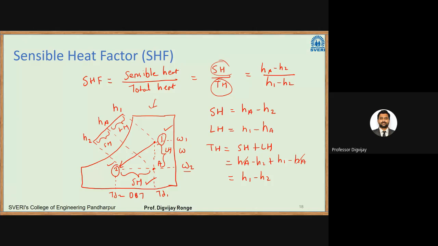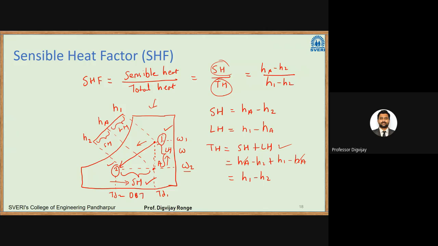This process from point 1 to 2 you can show with a dash line, with a vertical line and a horizontal line. The horizontal part is its sensible heat, and the vertical part is its latent heat. Total heat is sensible heat plus latent heat, and the sensible heat factor is the ratio of sensible heat to the total heat.